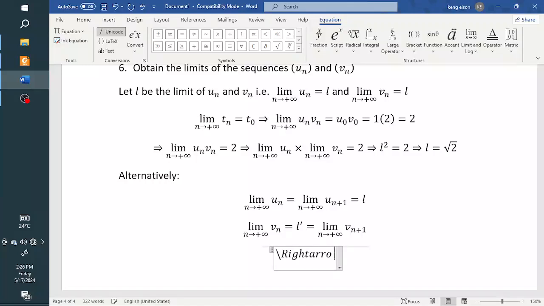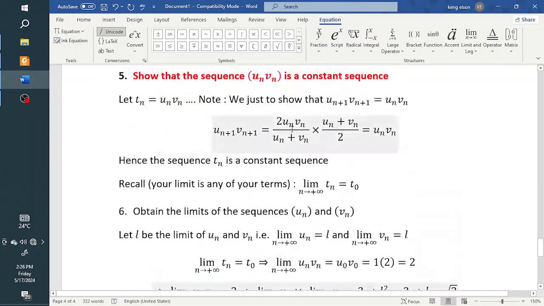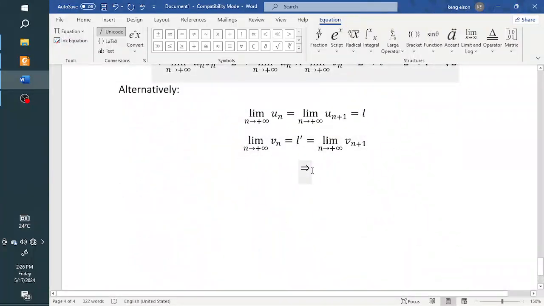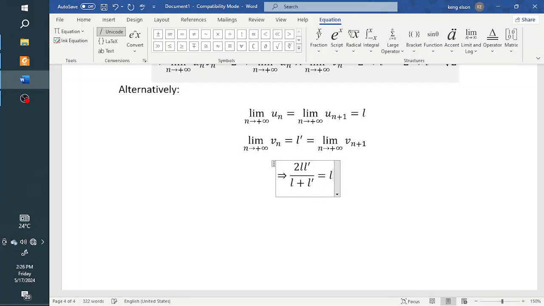Now what does this mean? Since this is my un, the limit of un plus 1 is the limit of 2 un vn divided by un plus vn, so we have 2L L prime divided by L plus L prime. So 2L L prime divided by L plus L prime is equal to L, because that's the limit. If we cross multiply, we have 2L L prime equal to L times L plus L prime.